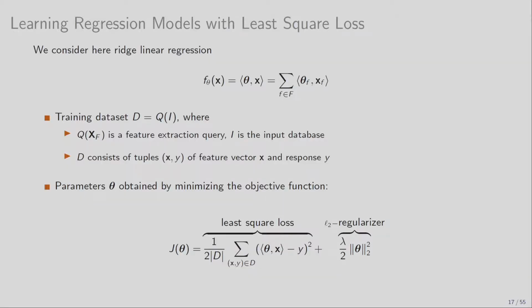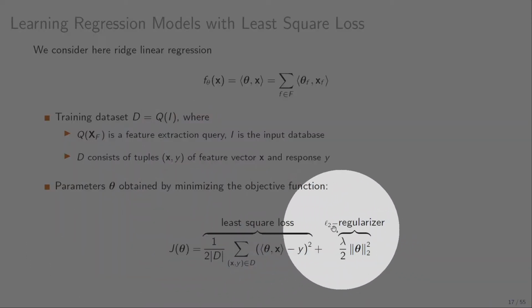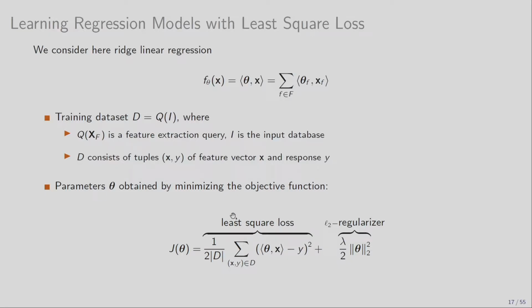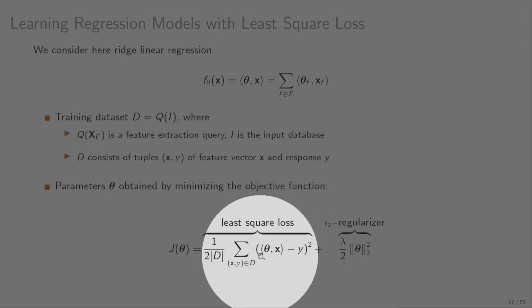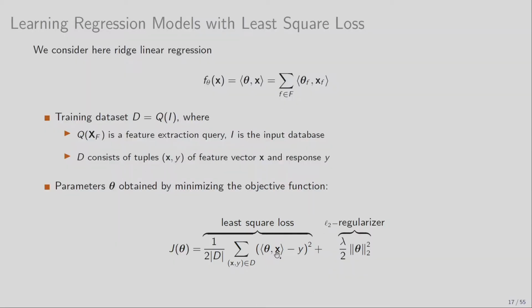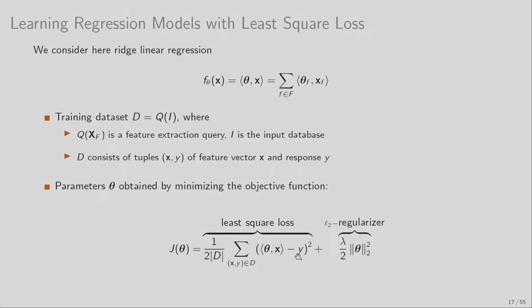So in order to learn this linear function, we'd like to use an objective function that has two components. One is the least squares loss, and one is the regularizer. The least squares loss says: this is our function we want to learn, so for that sample in the training data set I compute the prediction, and I look at the error, the difference between what I predict and what I see in the data. This is supervised learning.